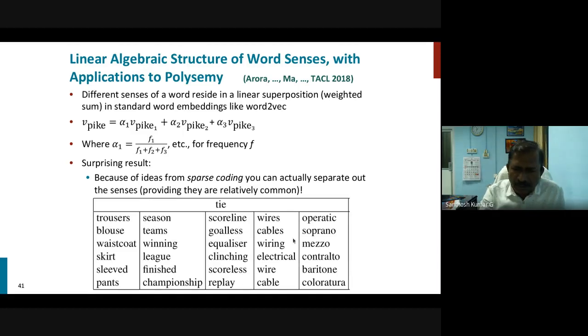Then some other senses also exist, for example, electrical. There is a word called tie there too. So approaching this problem with a superposition of all the vectors that you have learned gives very surprising results. That's what this paper says.